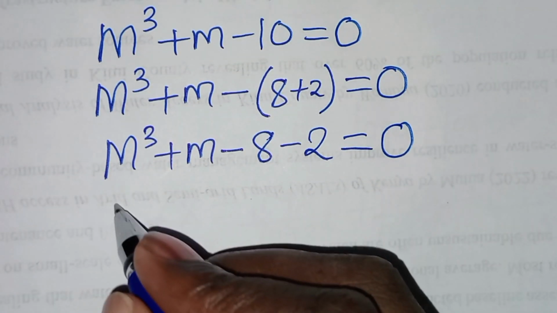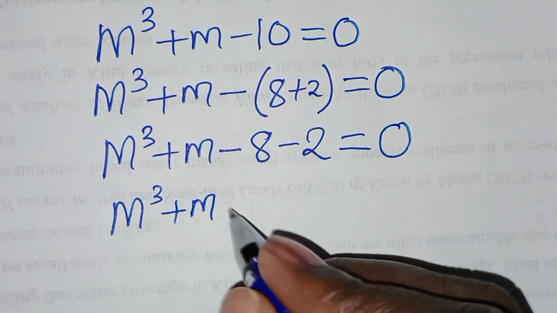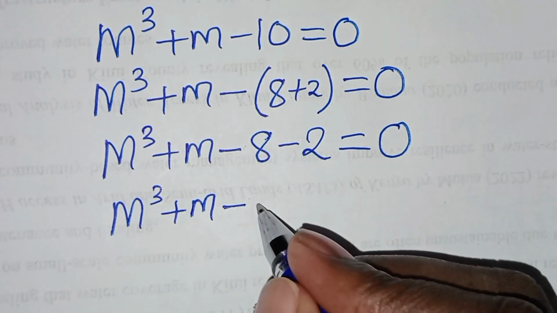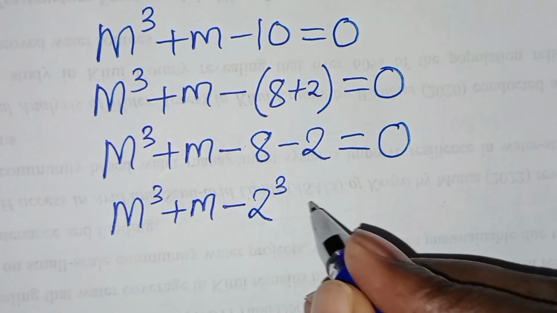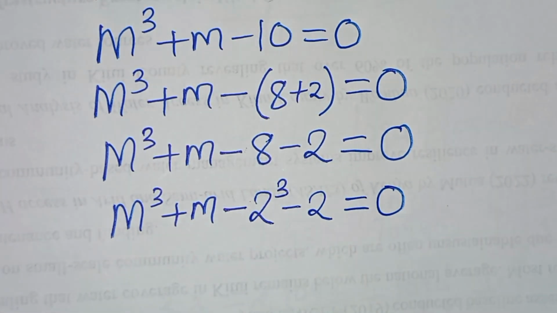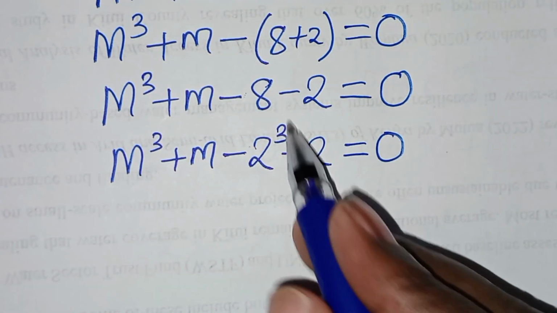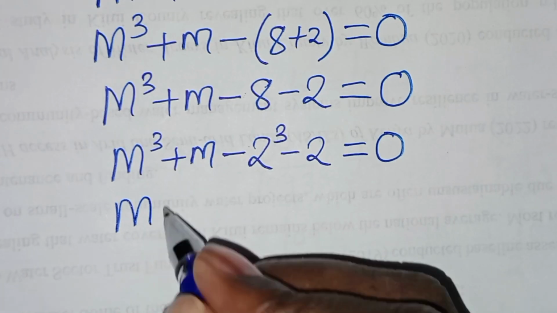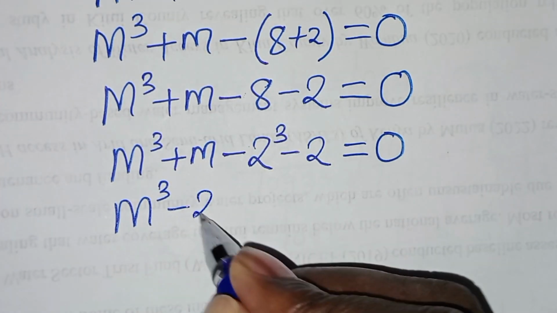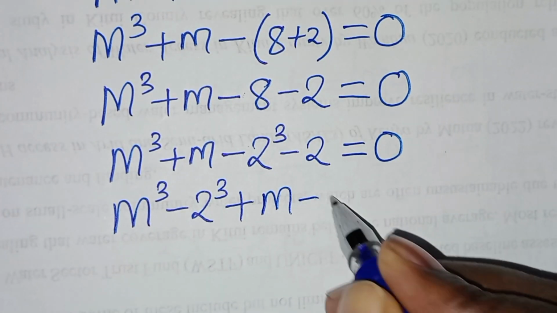Now, this implies that here we have m to the power 3 plus m, then subtract 8, which you can express as 2 to the power 3, then subtract 2. This is equal to 0. Now, we have m to the power 3 and 2 to the power 3. So this is m to the power 3, subtract 2 to the power 3, then plus m minus 2.